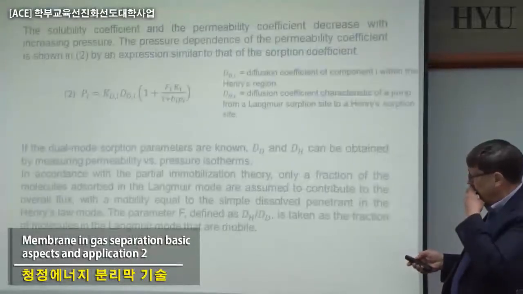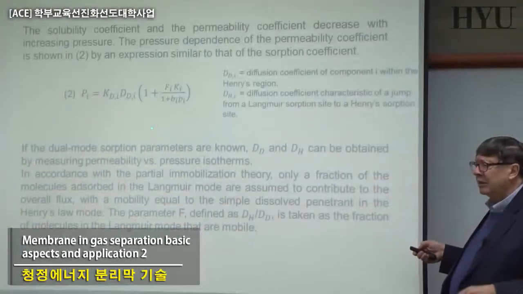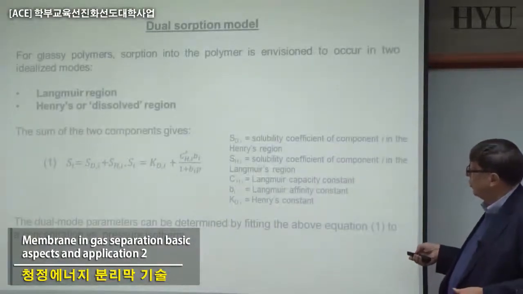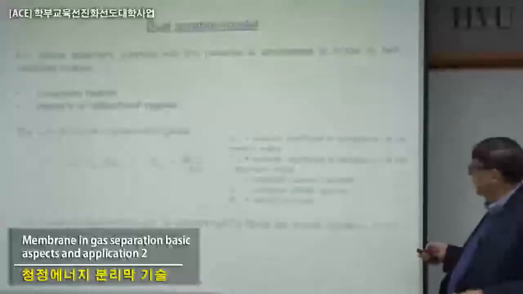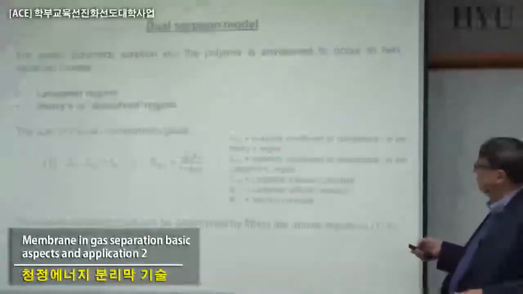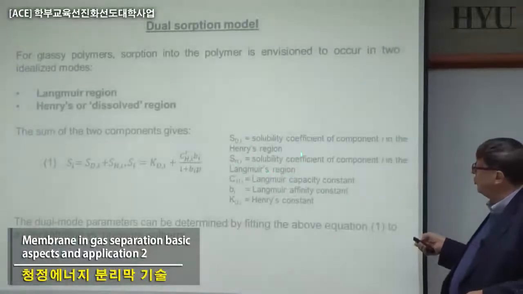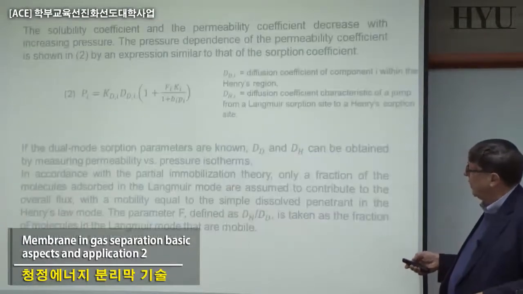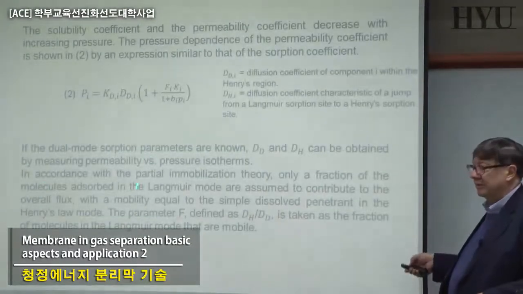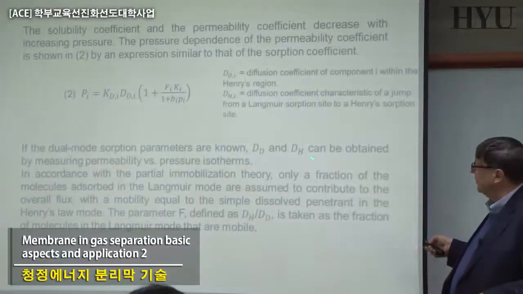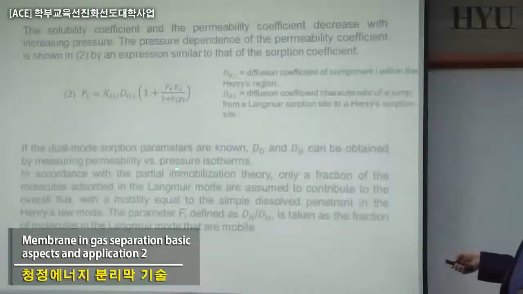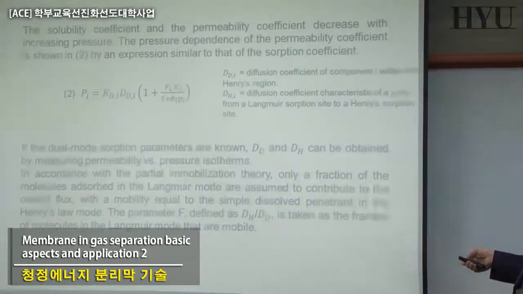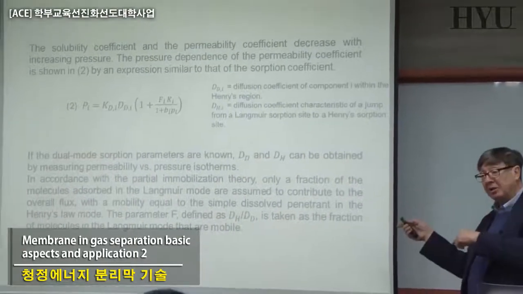Now, if you know this, you can calculate independently with different methodologies the Langmuir capacity constant, the Langmuir affinity constant, the solubility in the Langmuir region and the solubility in the Henry region, and you can try to obtain at the end the dual sorption parameters, that is the real diffusivity, by sophisticated and accurate isotherms, normally, that give you the deviation from the predicted value.